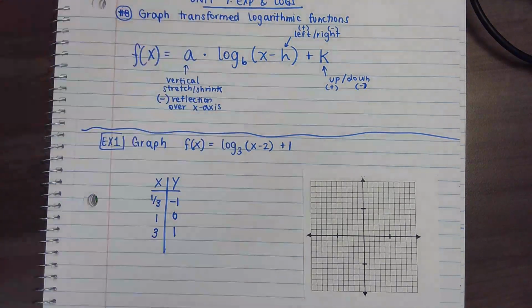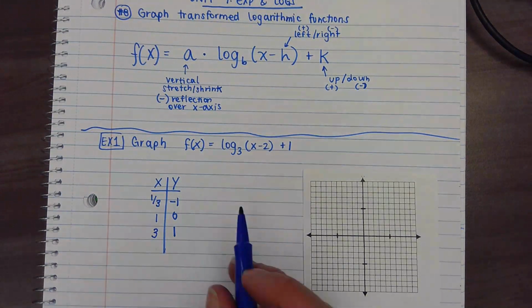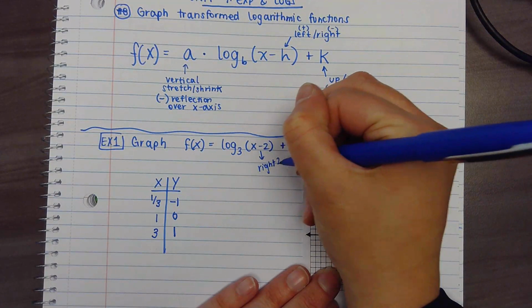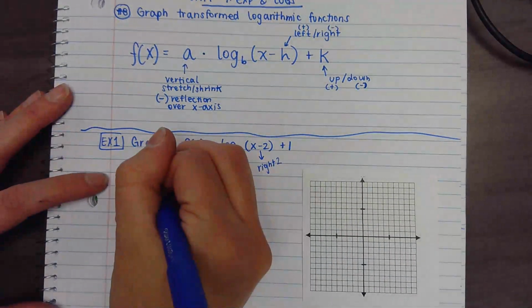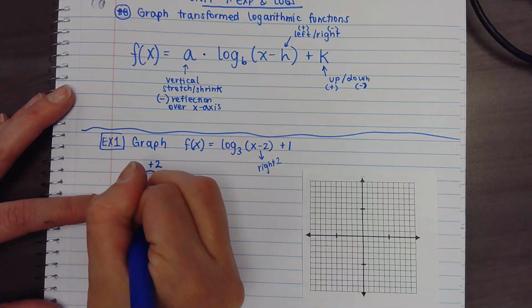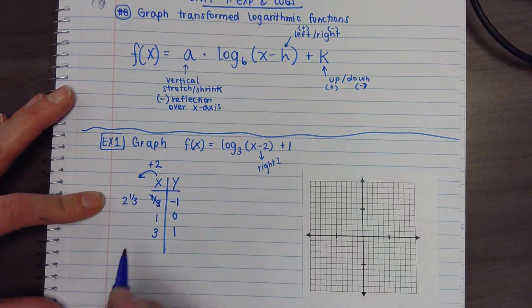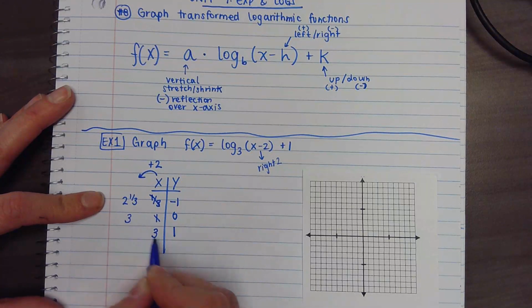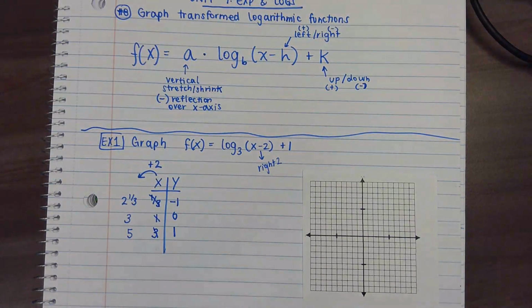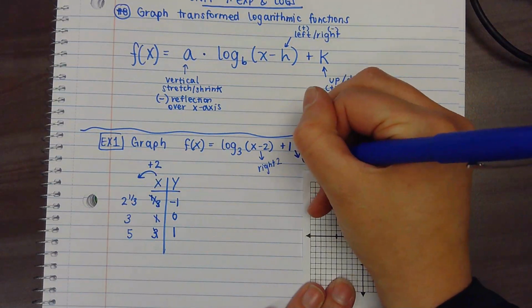Now that I have my parent function table, I'm going to shift my graph to the right 2 by adding 2 to all my x values. Add 2. 2 and 1/3. Add 2. 3. Add 2. 5. Lastly, I'm going to shift my table up 1.